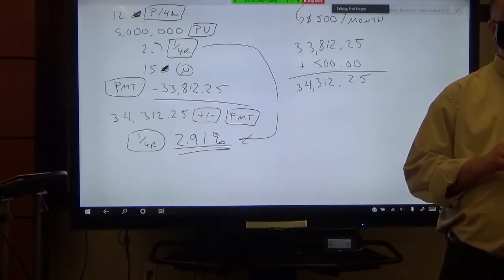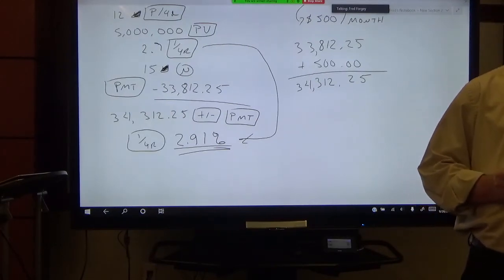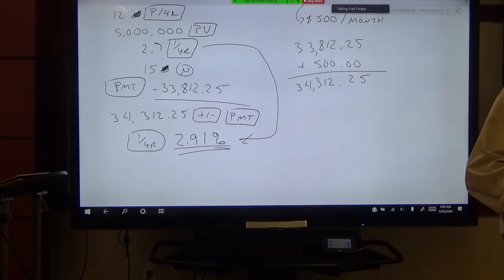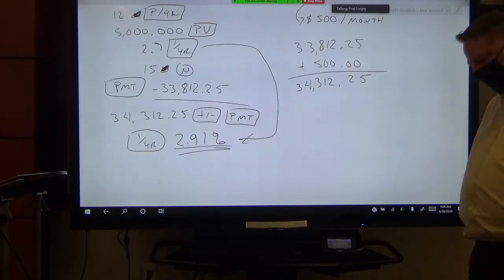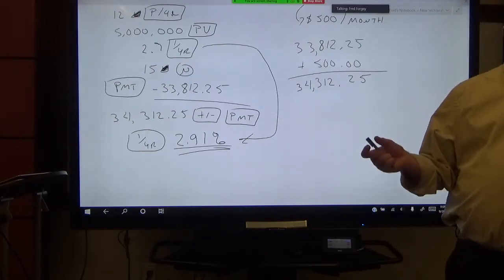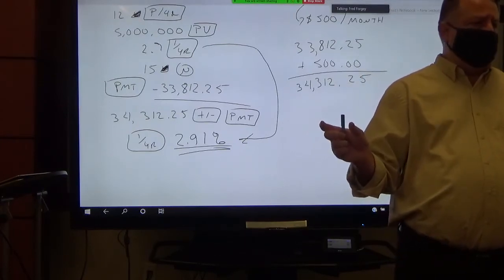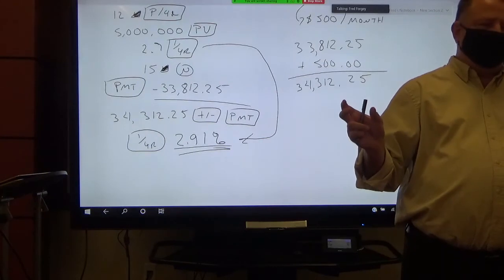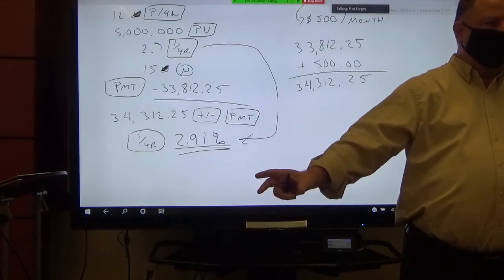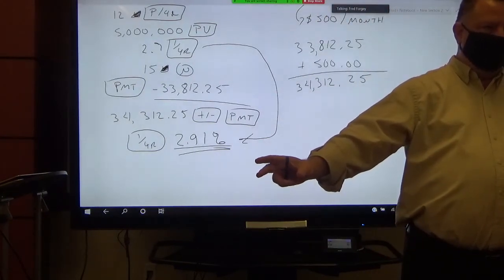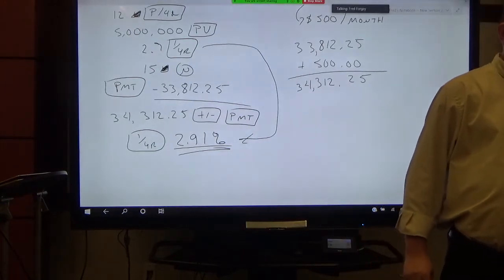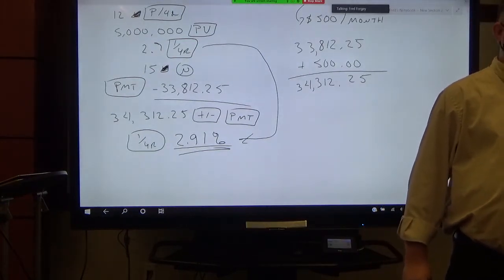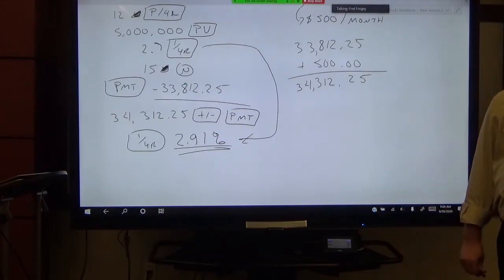But unfortunately, with commercial loans, and I said this probably on the very first day of class, one of the biggest differences between commercial and residential loans is that there are all sorts of consumer protection mechanisms on the residential side. Commercial loan business, it's pretty much open season, buyer beware. If you get a commercial loan, you better know what you're doing.